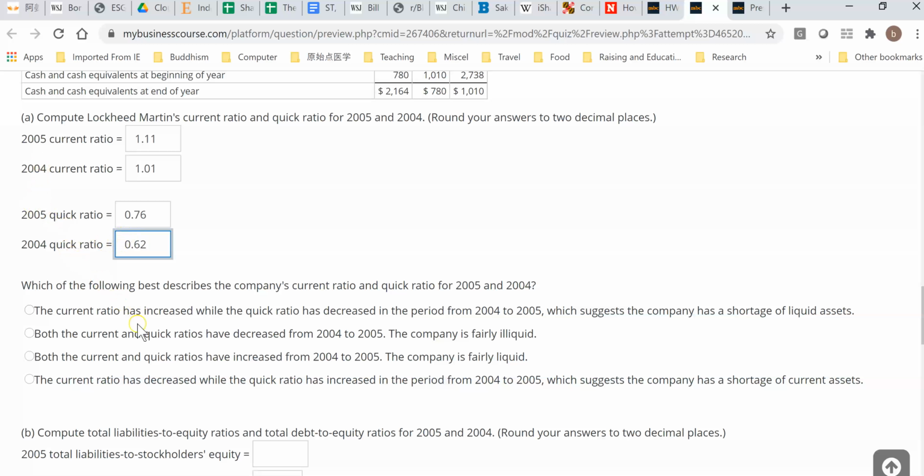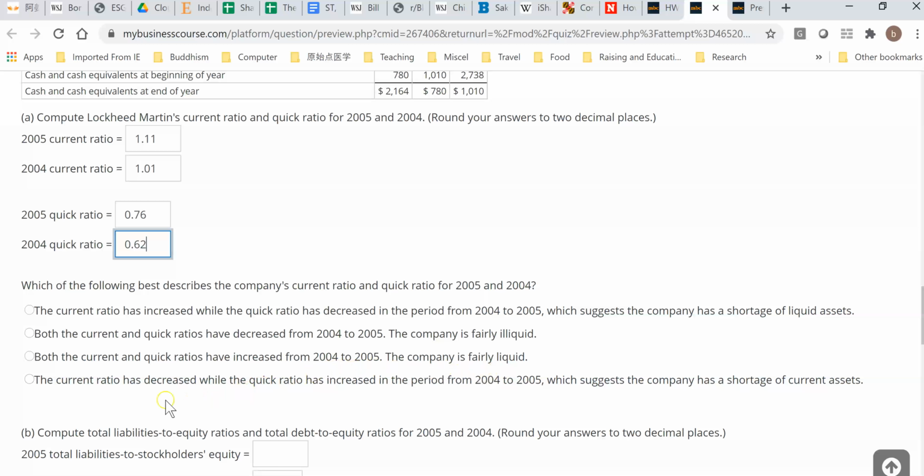So we just look for this part of the sentence to match that observation. The current ratio has increased while the quick ratio has decreased, which is not correct. Both the current and the quick ratios have decreased, not correct. Both the current and quick ratios have increased from 2004 to 2005. The company is fairly liquid.